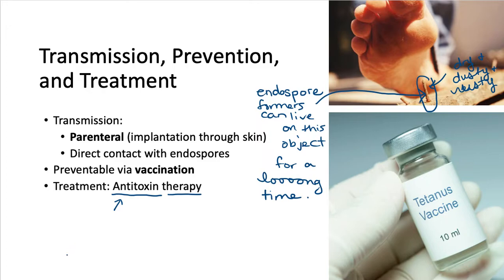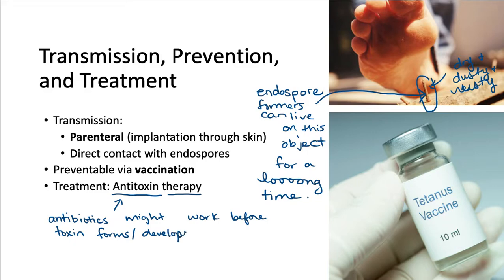If you know that you might have gotten a tetanus infection, let's say you've stepped on a rusty nail, antibiotics could be a preventative treatment if it hasn't gotten to that toxin stage, before the microbes grow and start making the toxin.